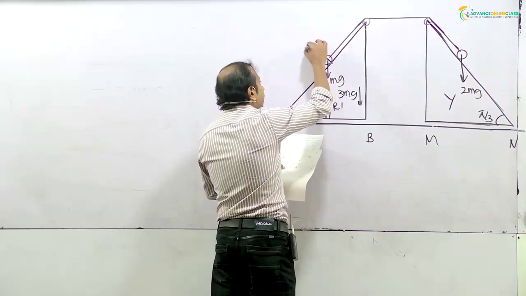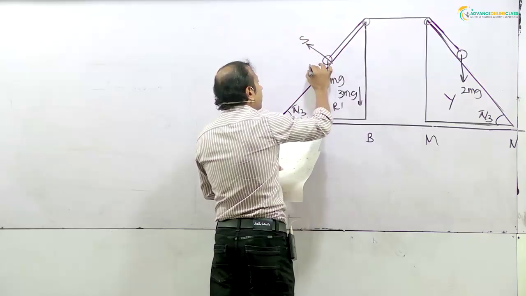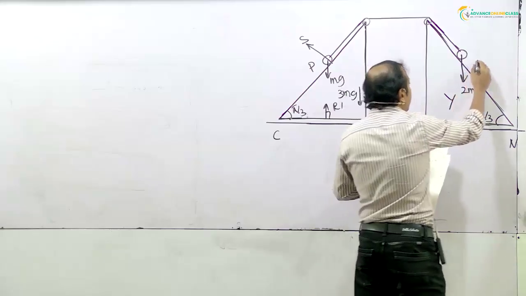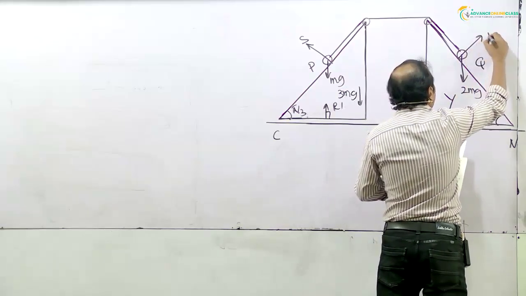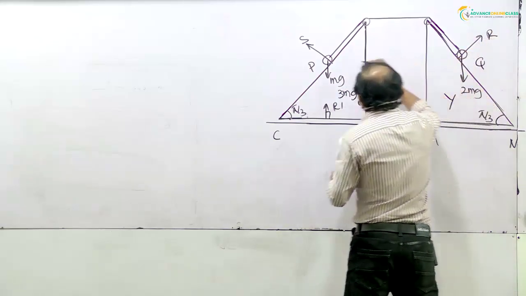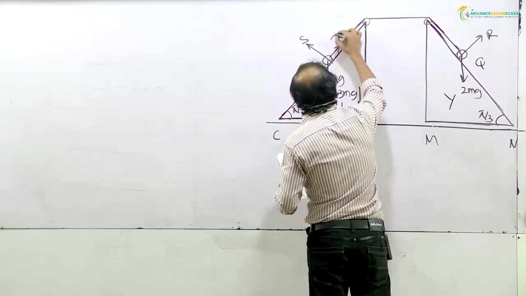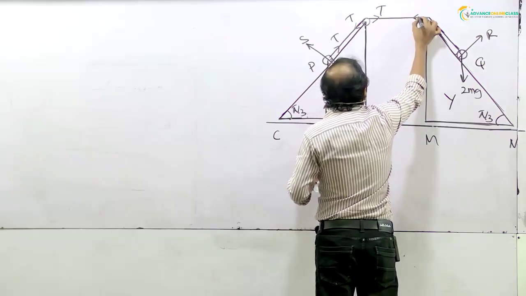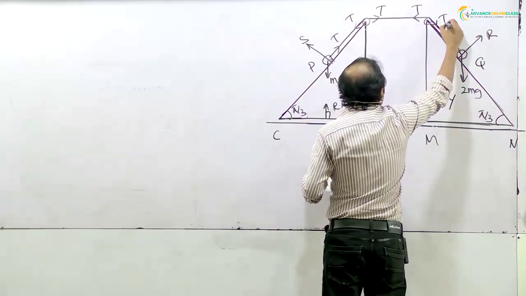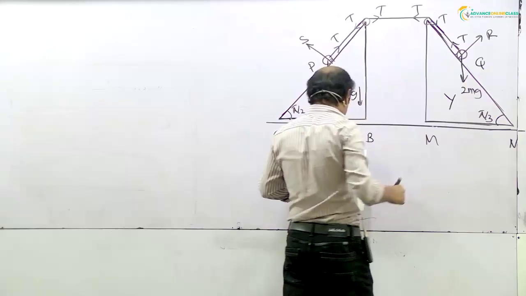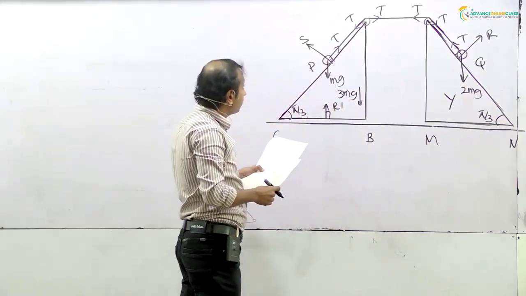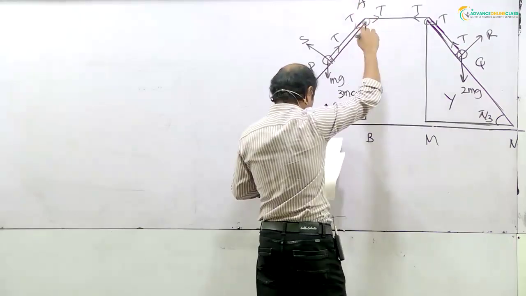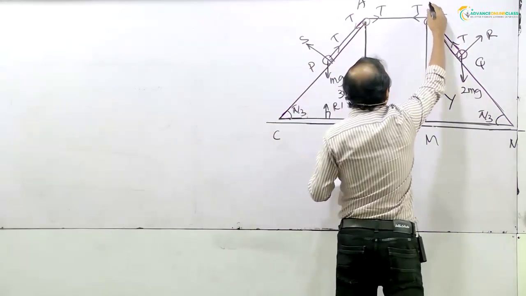This is a normal reaction S, particle is P, a particle is Q, normal reaction R. All the forces you have to mark, otherwise you won't get full marks for the diagram. Here ABC, LMN.